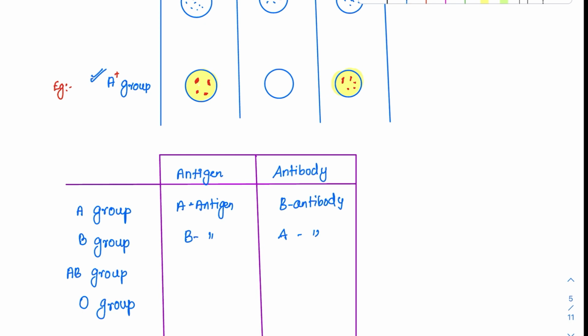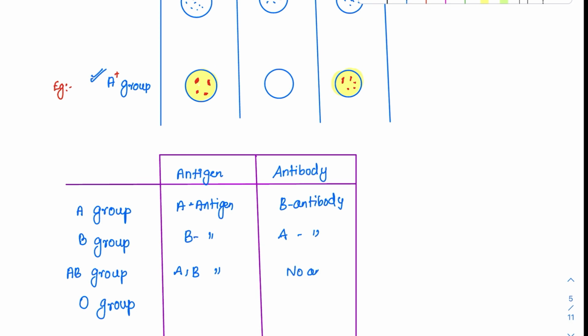In an AB person, it's an AB group, so he has to have both A antigen as well as B antigen. If he has both antigens, can his plasma have antibodies against them? Obviously no. Otherwise, these antibodies will attack the RBCs and destroy them. So this person will not have any antibody.